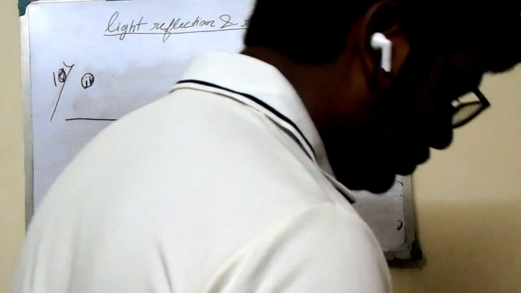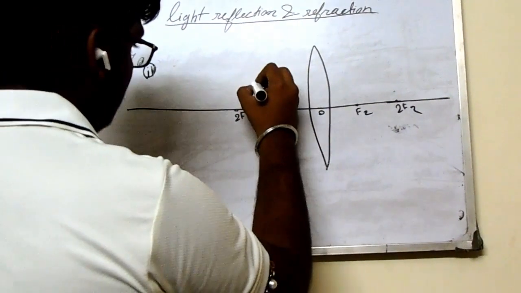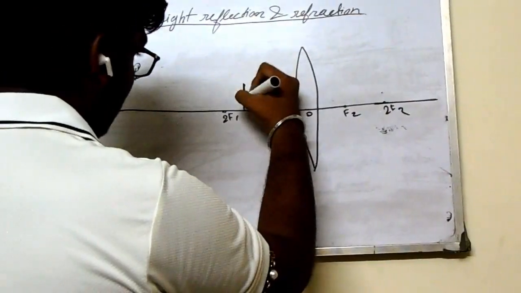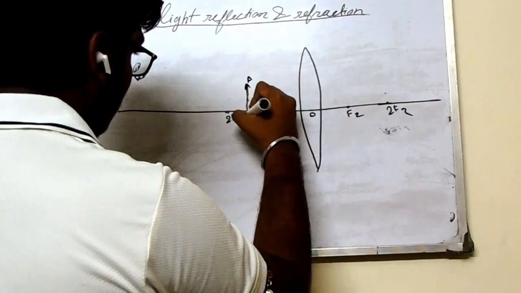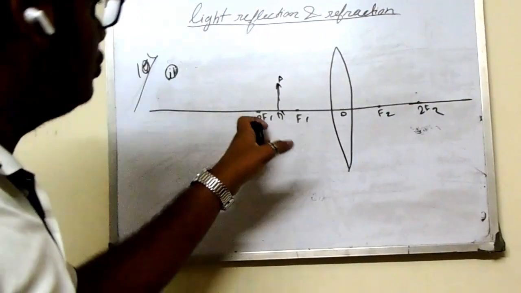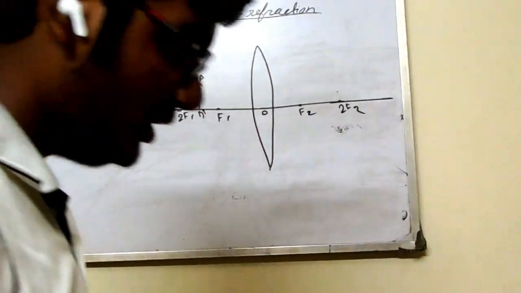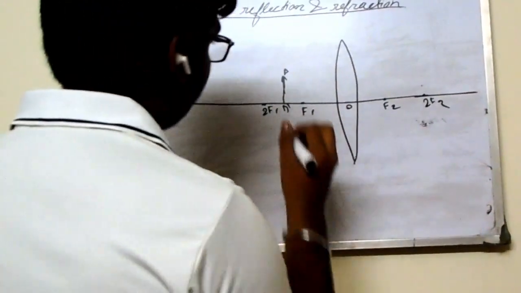Okay, so now let the object be between 2F1 and F1. Okay, what will happen here?